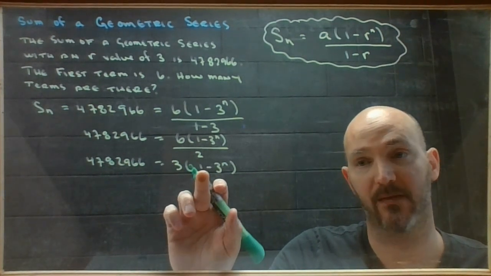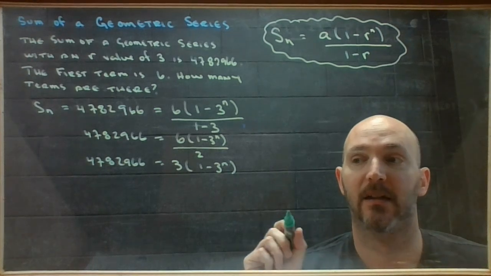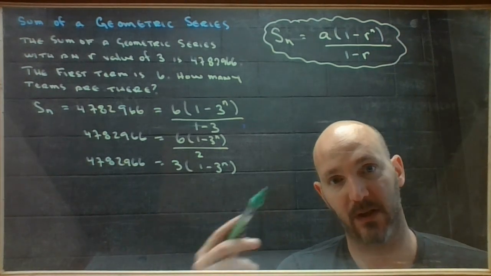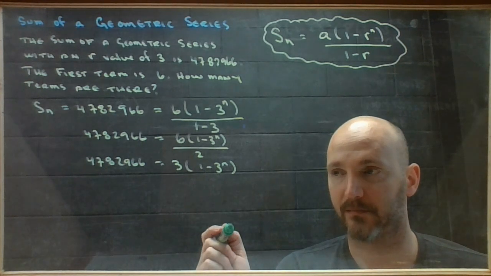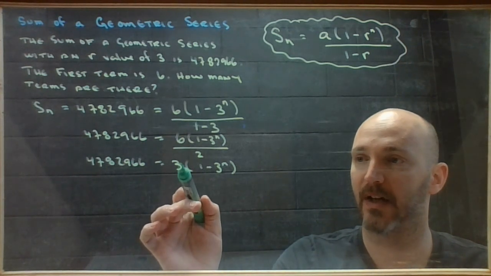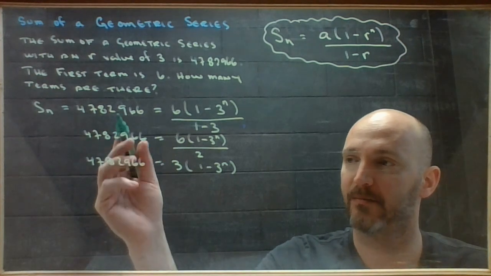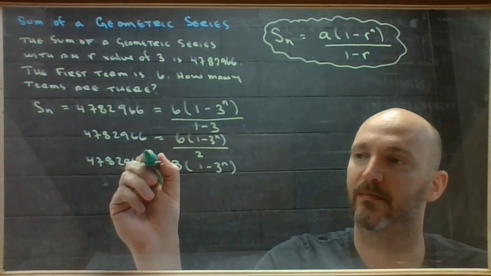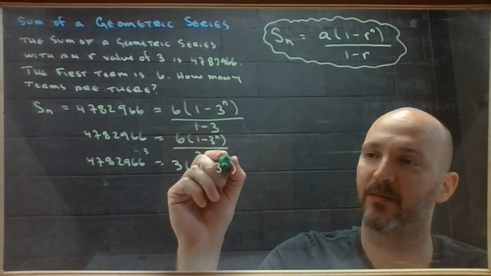This one does not have an exponent, this one does. So from here, I have to flip into algebra, trying to peel numbers away. So I'm going to have to divide both sides by 3.